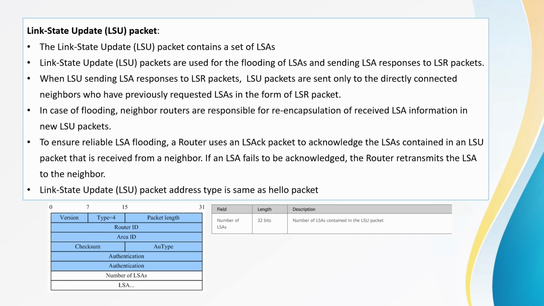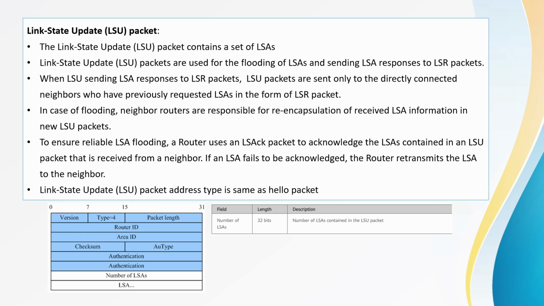The first function is flooding the LSAs. The second function is a response to the LSR packet. When the link state update packet responds to the LSR packet, it is sent only to the directly connected neighbors who have previously requested the LSA in the form of the LSR packet.